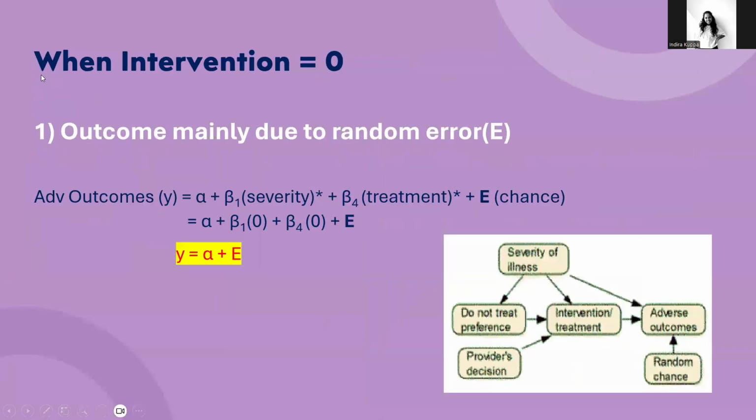Coming to when intervention or treatment is zero, there are two instances that can happen. First, the outcome is mainly due to the random error, as we can see through the network.